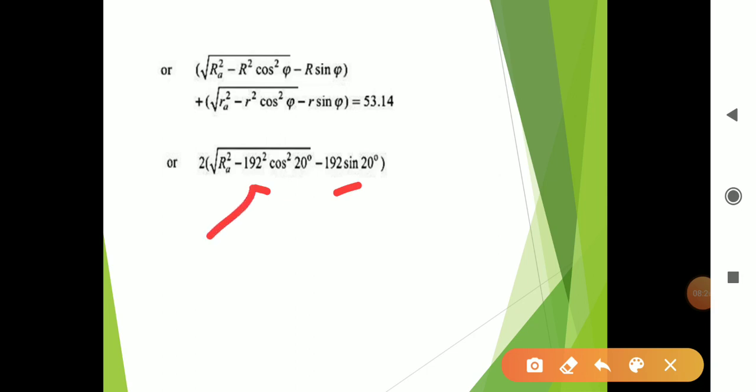Put the value of R here. What is the value of R? That is 192. So we get 2 times under root RA square minus 192 square into cos square of 20, minus 192 into sin of 20, is equal to 53.14.